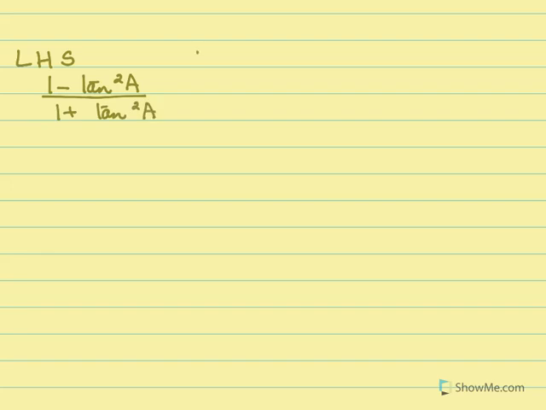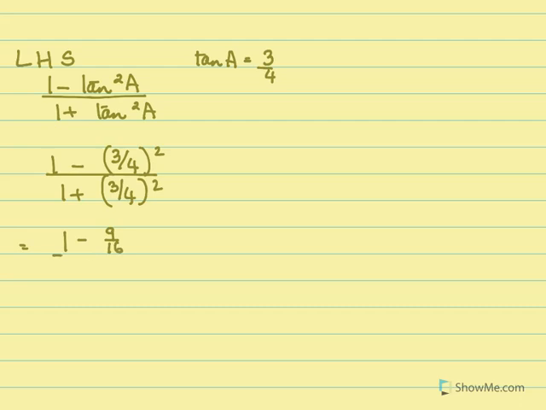Now we have earlier found out that tan A is 3 by 4. So we put the values. 1 minus (3 by 4) the whole square over 1 plus (3 by 4) the whole square. That will be (1 minus 9 over 16) over (1 plus 9 over 16).